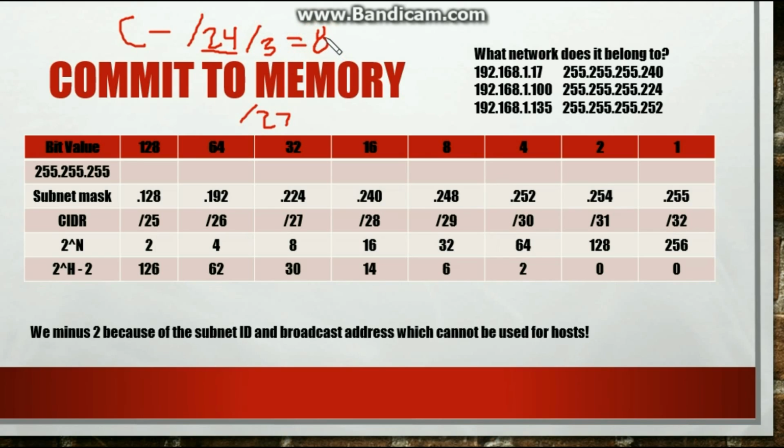All right, so 8 bits per octet. But we have a 27 here. So what is 27 minus 24? Should be 3. Equals 3. So that means that we have 3 bits in the 4th octet turned on. Everything else is 0. So with a /27, we see that the subnet mask is a .224.